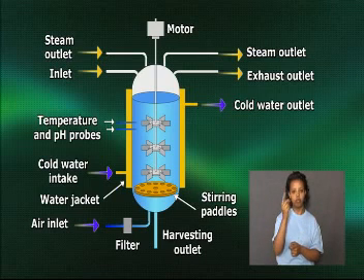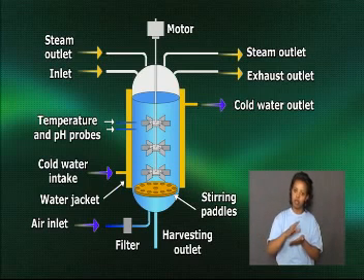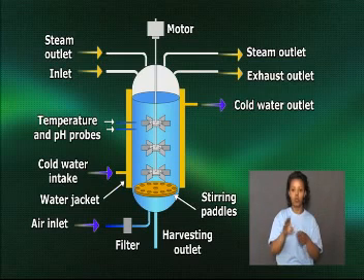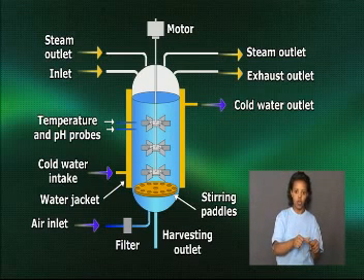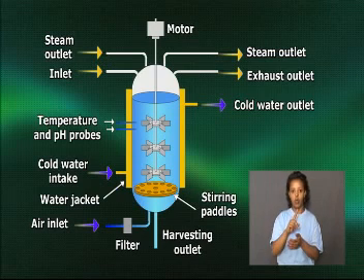A continuous stream of sterilized air is pumped into the fermentation tank. Anti-foaming agents are periodically added and, since pH control is vital for optimal growth, acids or bases are added to the tank as necessary.